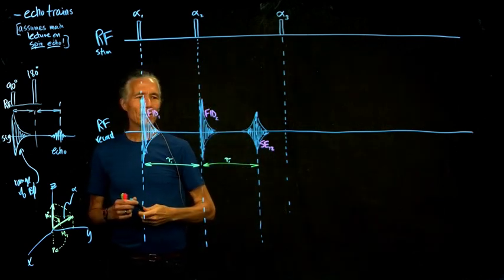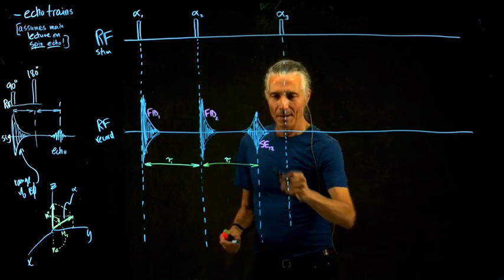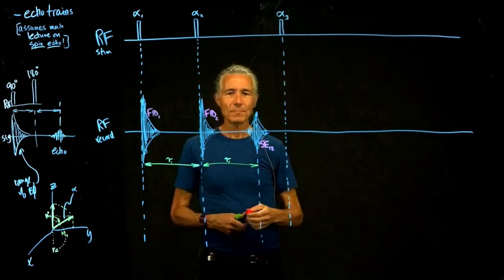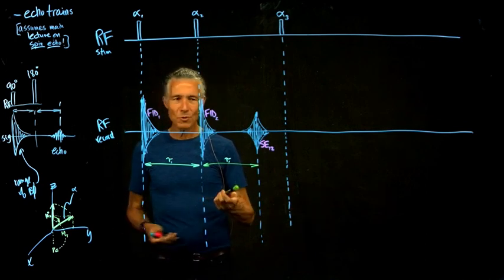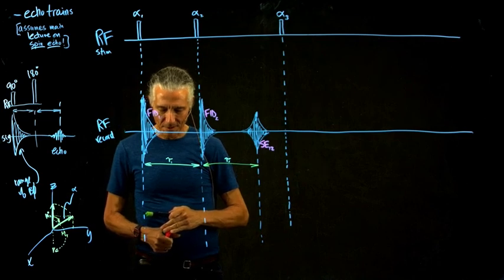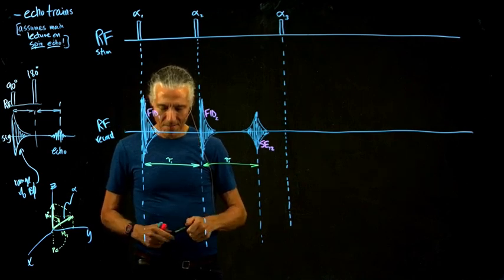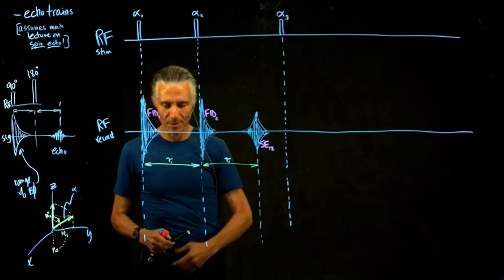So what are those four additional echoes? Now we've got another 2 times to consider. Which echo should I do first? I'll just do them in temporal order.